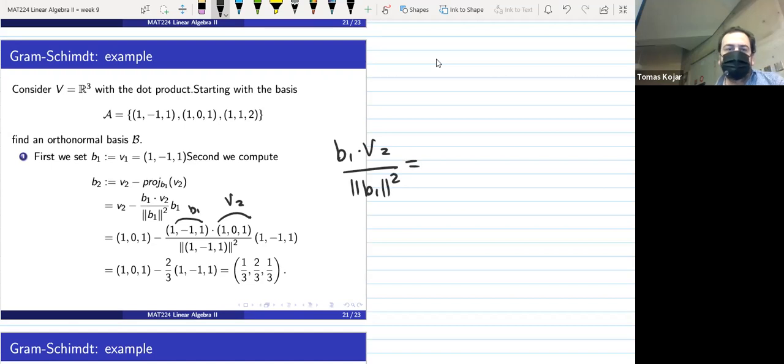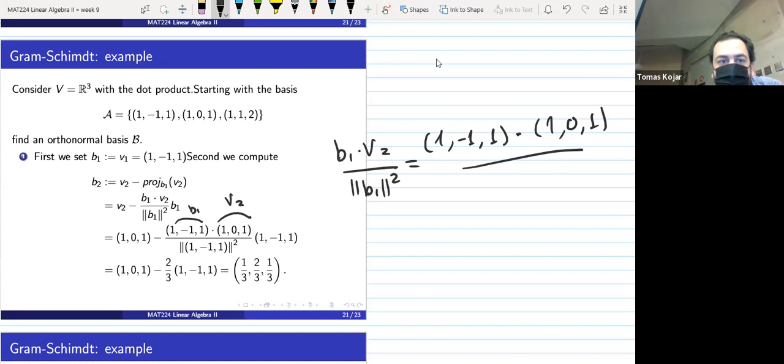All right. So what did I do here? B1 is 1, minus 1, 1. And then I dot it with V2, which is 1, 0, 1. And I divide by the norm of B1. So basically you dot it with itself.